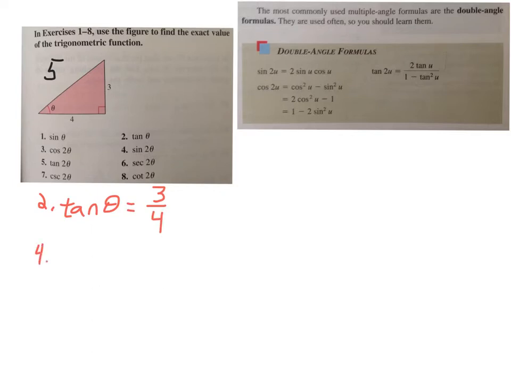The sine of 2 theta, right? You see over in the double angle formulas that the sine of 2u is 2 times sine of u cosine of u. So we're just going to substitute that in first. So sine of 2u, or 2 theta, equals 2 times the sine of theta times the cosine of theta.